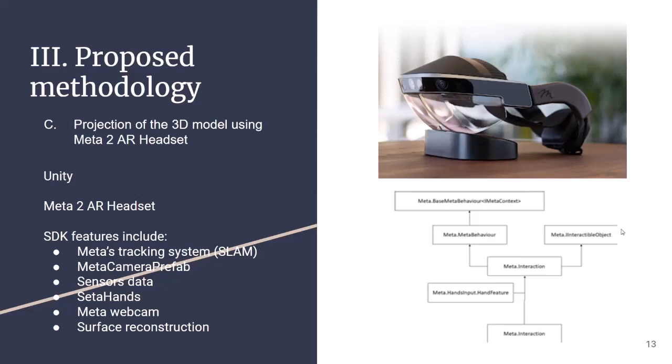They provide sensor data access to 3 cameras. They provide Meta hands in order to access interaction with the hand. They provide a Meta webcam as a preview, and also provide a surface reconstruction of the area to maintain the calibration.